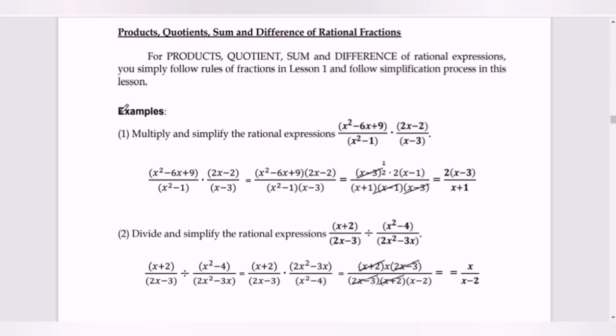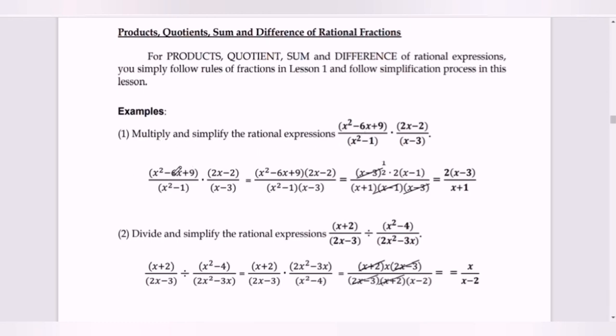So, our task is to multiply and simplify the rational expressions which are x squared minus 6x plus 9 divided by x squared minus 1 times 2x minus 2 divided by x plus 3. So we need to simplify these expressions using simply multiplication.